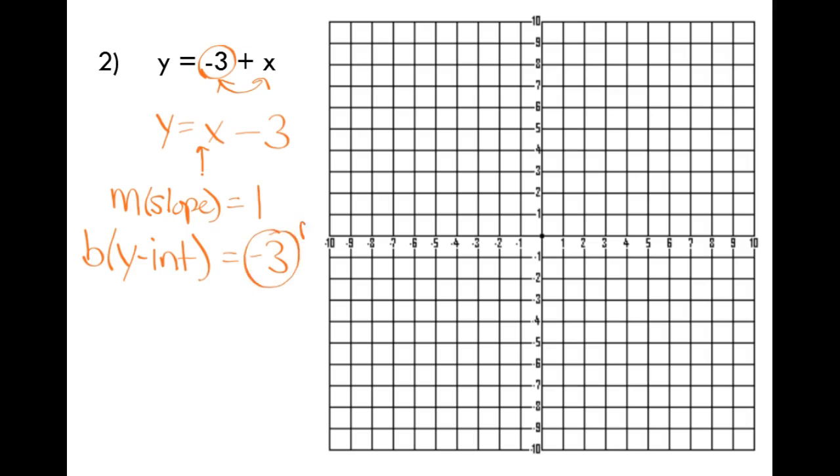This starts at -3 on the y-axis, right there. But this time, my slope is positive, so I know it goes up. And the relationship is, it goes up 1 for every 1 to the right. So 1 becomes 1 over 1. And these are really easy to graph because you just kind of go in diagonal pattern. Up 1, right 1, up 1, right 1.